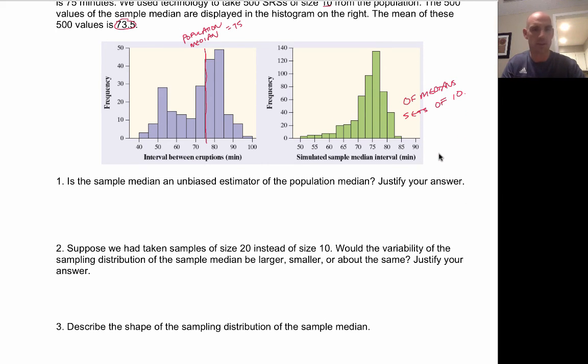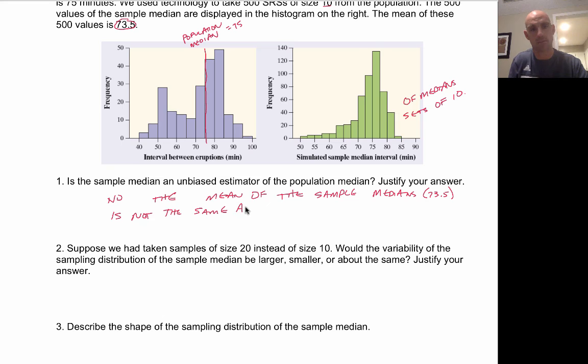So, is the sample median an unbiased estimator of the population median? Justify your answer. Well, think about it like this. If we have a sample median and the population median, what we said up top was they don't match. So we'd say no, the mean of the sample medians, 73.5, is not the same as the population median.